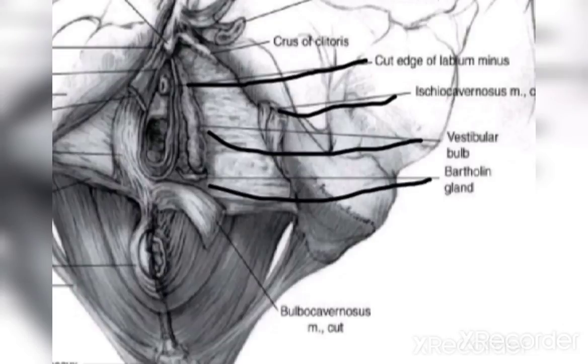here the Bartholin glands are present, then the bulbocavernosus muscle which is cut.